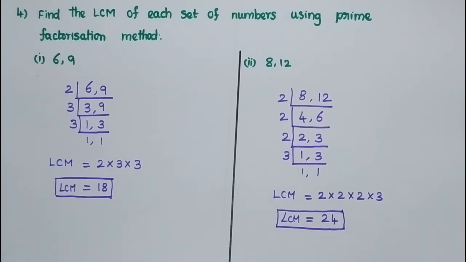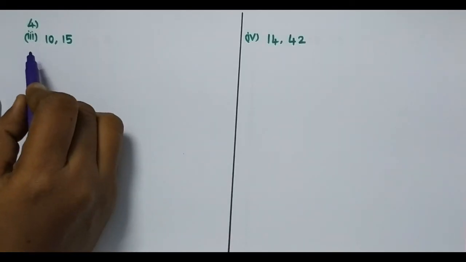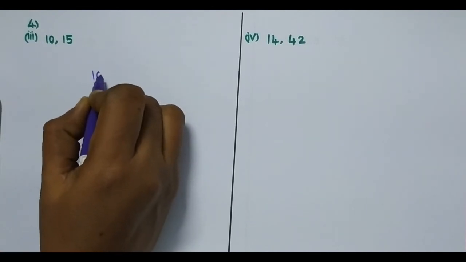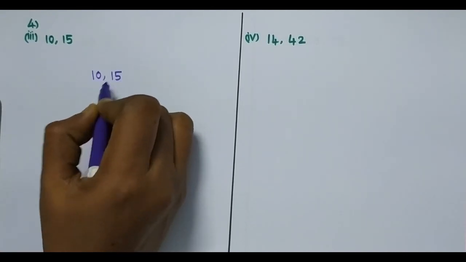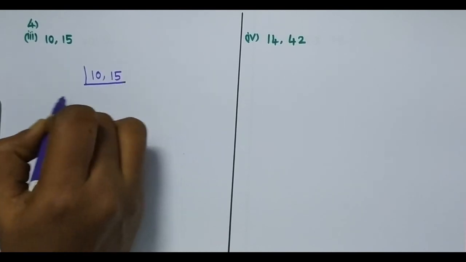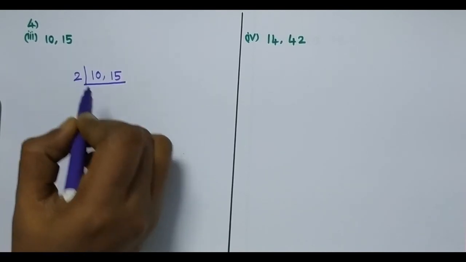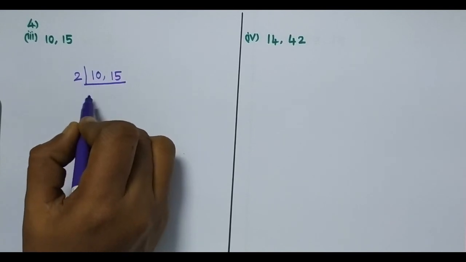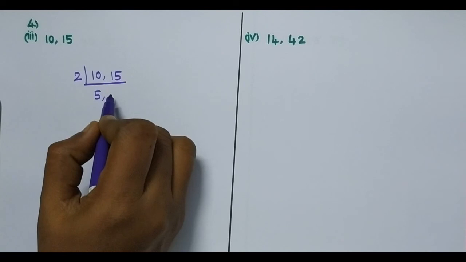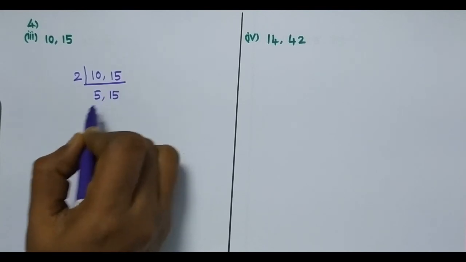That is the answer. Fourth sum, third subdivision, 10, 15. Divided by 2 first. 10 divided by 2 means we get 5. 15 is not possible, so write down as it is.